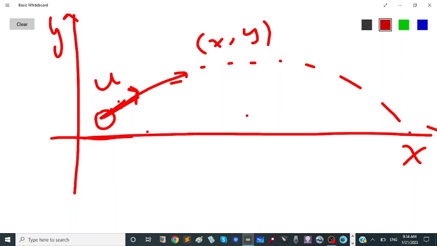So displacement or movement is a function of velocity and time.